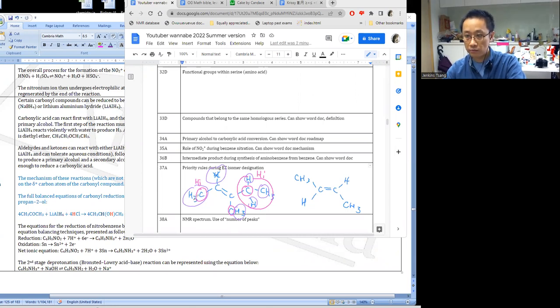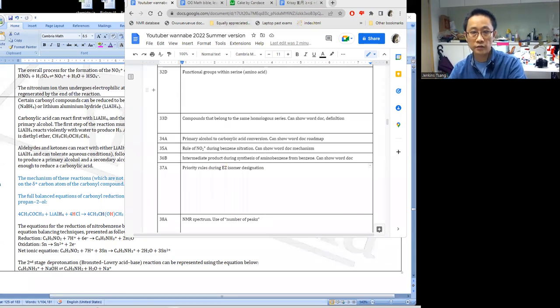And when the priority groups are across like this, this will be a trans isomer, or I guess you should say E isomer, E for opposite in German, I think. This other compound is clearly an E isomer as well. So that's E-butene. On the left hand side, you have E-3-methylpentene. Either way, choice A is the correct answer.